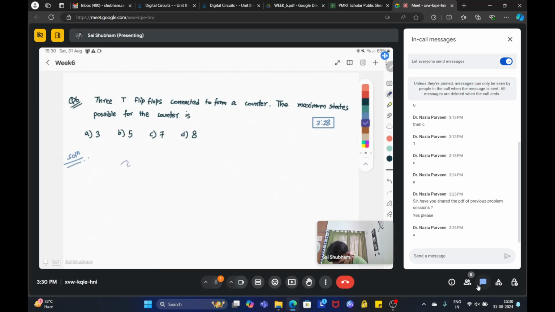So a counter using T flip-flop will look like this.